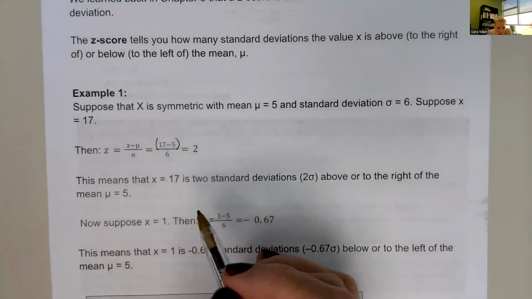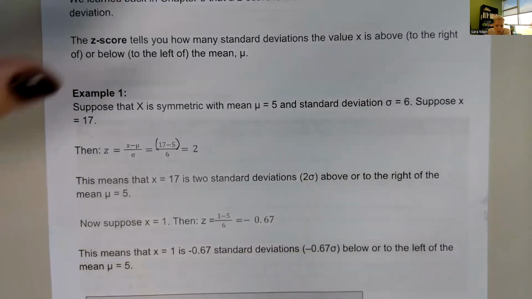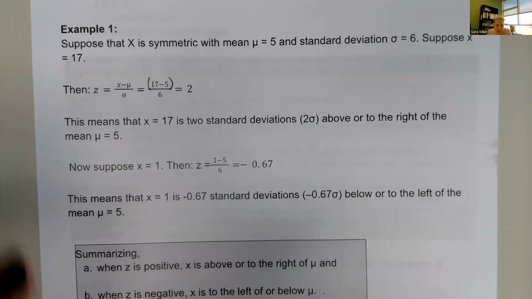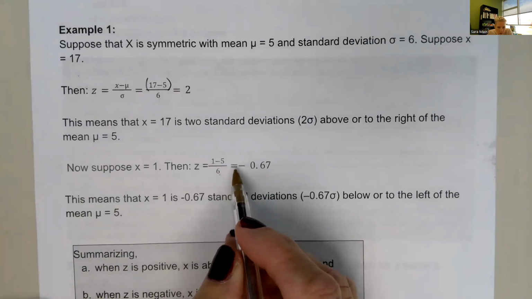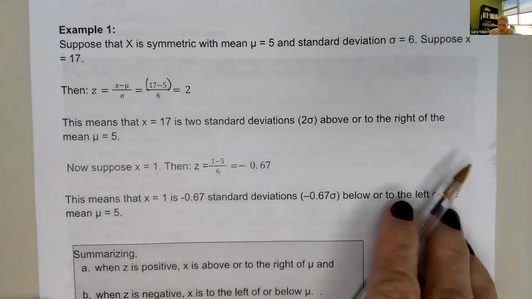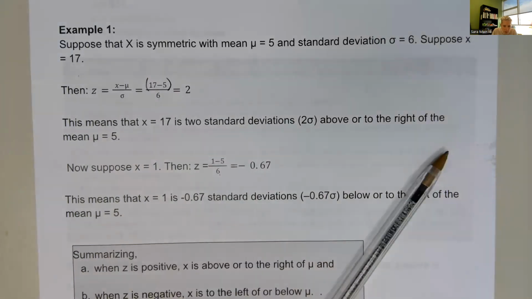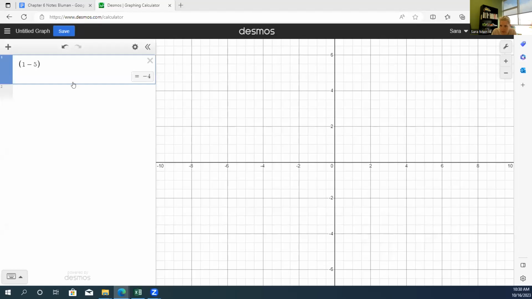Now suppose x equals 1. That means that z equals 1 minus 5 divided by 6, which equals negative 0.67. I'm going to share my Desmos screen so that you can see how this is calculated.